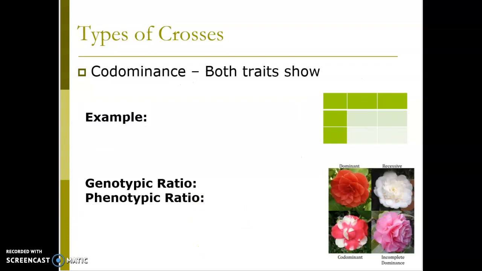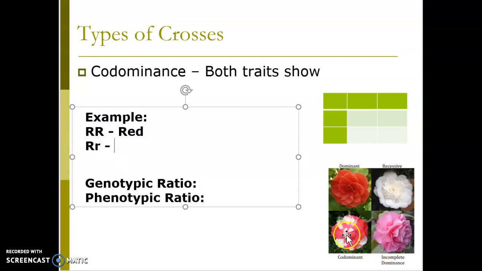There's one other way, codominance. And when you have co, that means like cooperate, like they're doing something together. So codominance is they're both dominant, and so both traits show. So let's do an example here. In this case with big R, our flower is still going to be red. But if I have big R, little r, instead of a blending, they're going to show both traits.